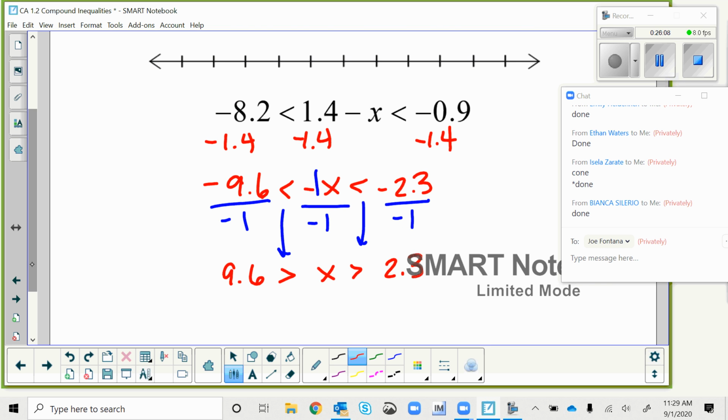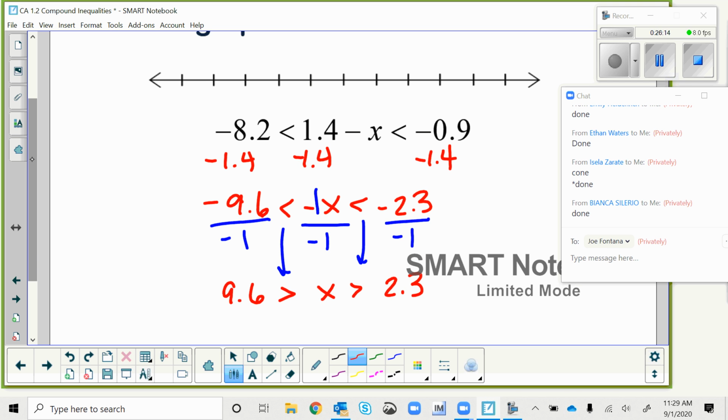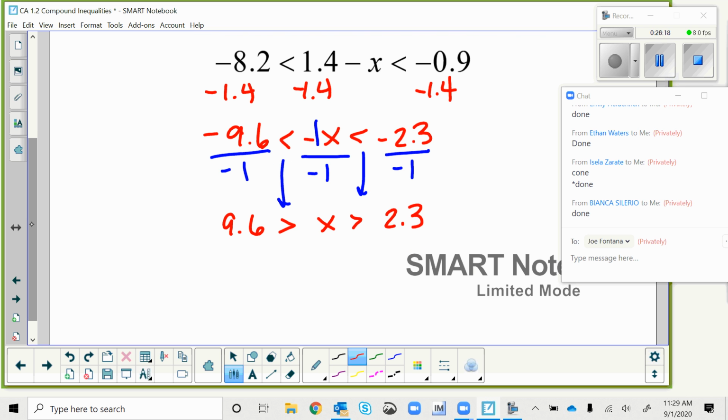So then to go graph it, just throw yourself some numbers down. Notice something. If you're on autopilot and you're not stopping to think, 9.6 is not on a number line to the left of 2.3, even though the way my answer looks, it is on the left.